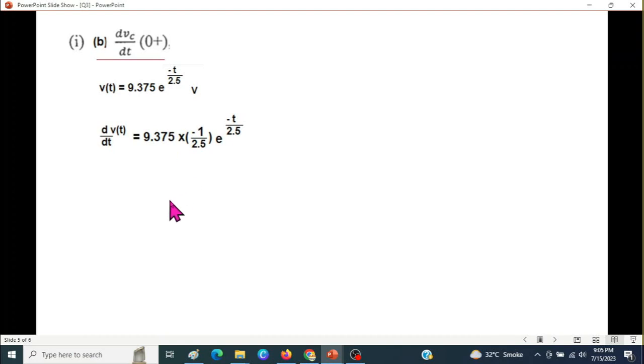Now at t equal to 0, so we put t equal to 0 plus. So this will be dV(0 plus)/dt, and here for t we put 0. And we know e to the power 0 is 1. Therefore, this will solve to minus 3.75 volts per second. This is question 1, part B.